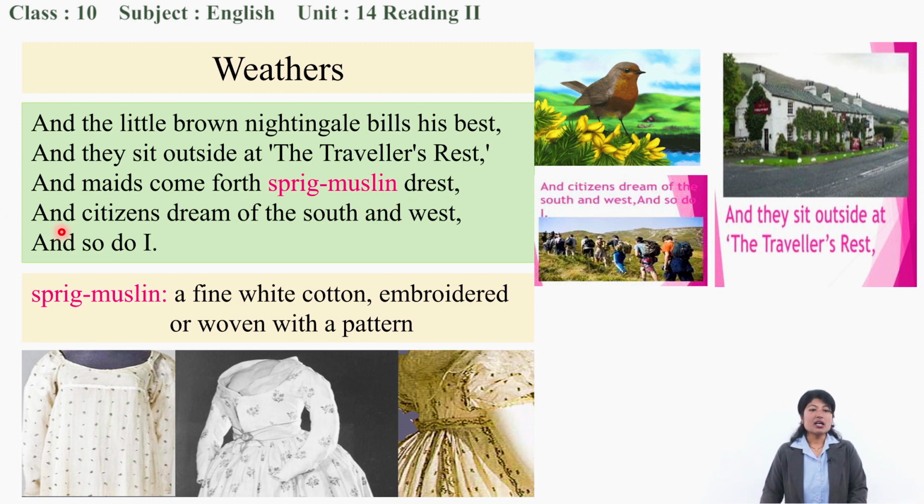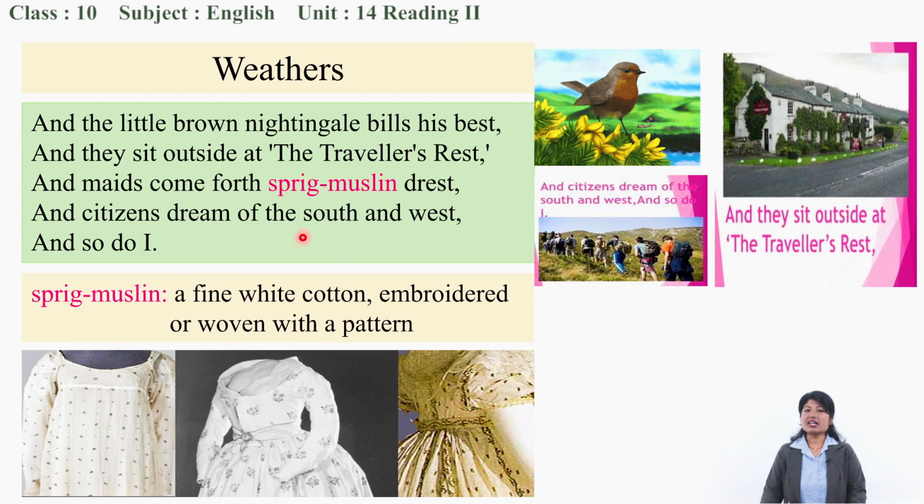And what happens next is, and citizens dream of the south and west, and so do I. Here south and west doesn't mean only directions. That means going for a holiday. People think of going for a holiday and spending some time far from home, at some holiday destinations to enjoy.